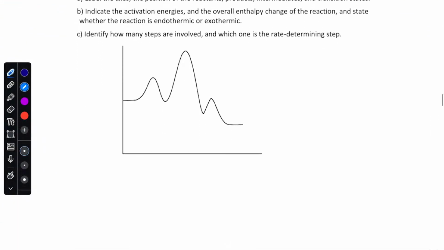Okay, 15, we have an energy profile diagram. A: Label the axes. So this is energy, sometimes potential energy. And the other axis is progress of reaction. Sometimes you use time, but progress of reaction is more correct.